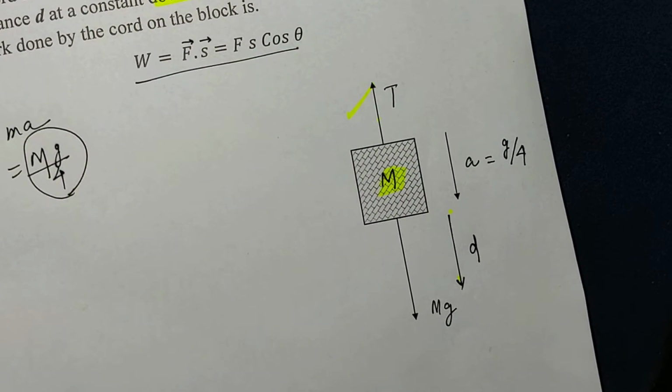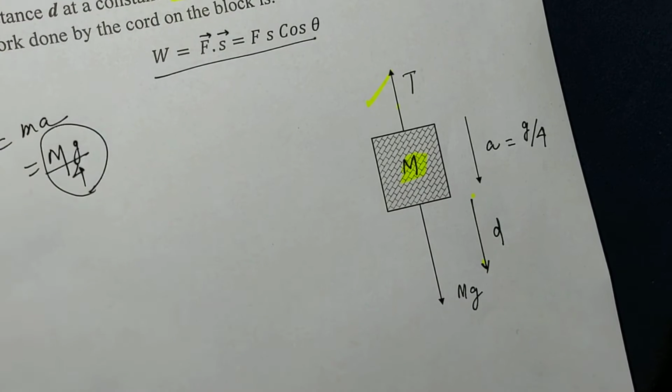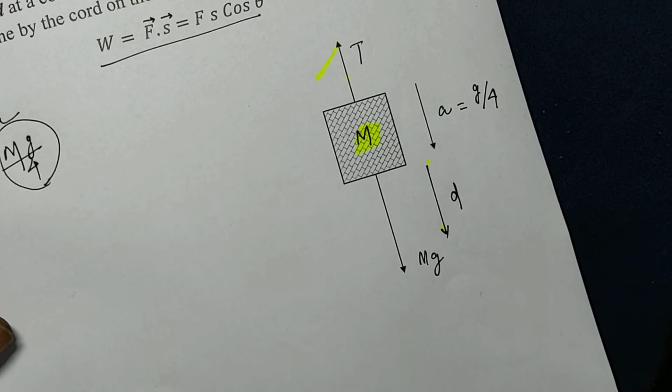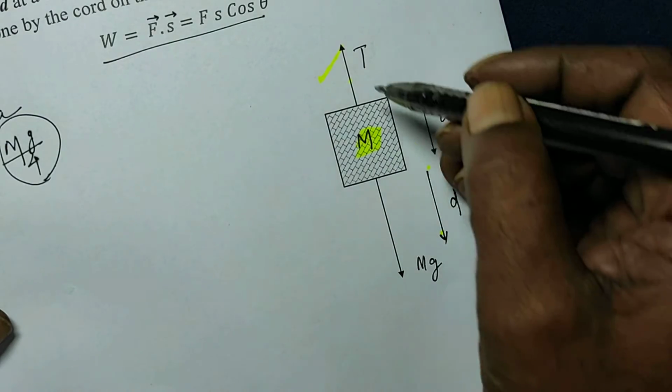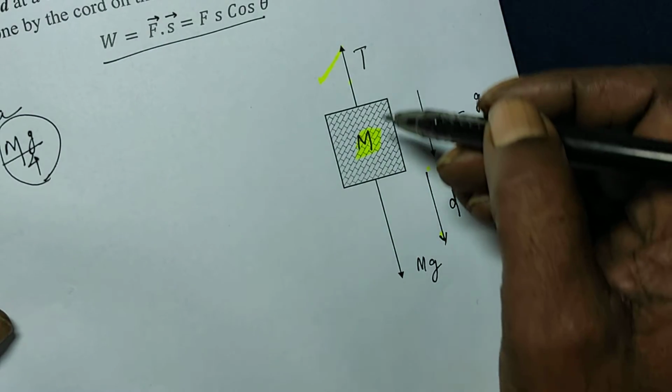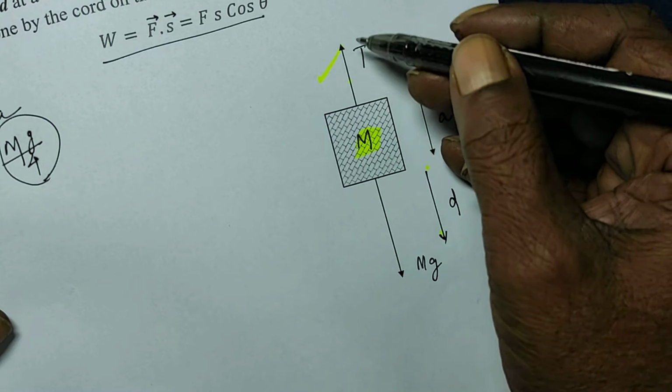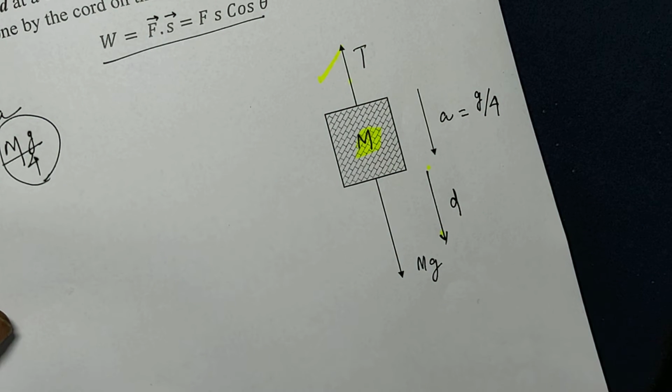Now how much is the work done? There are two forces acting on the mass: its weight vertically downward and the tension in the cord vertically upward. Tension is always away from the mass, because with a string or a cord you cannot push something, you can only pull it.